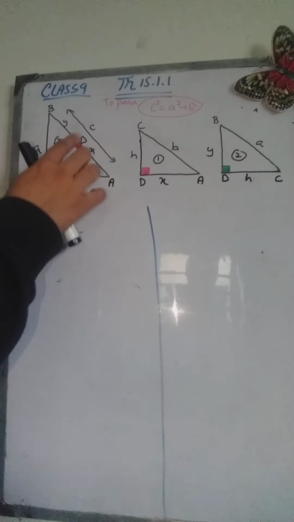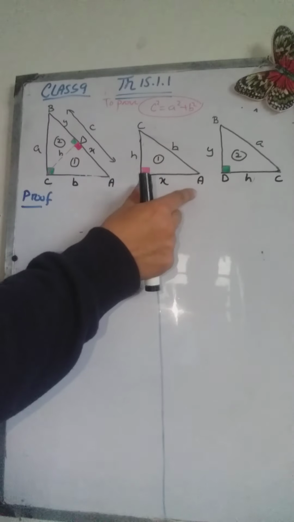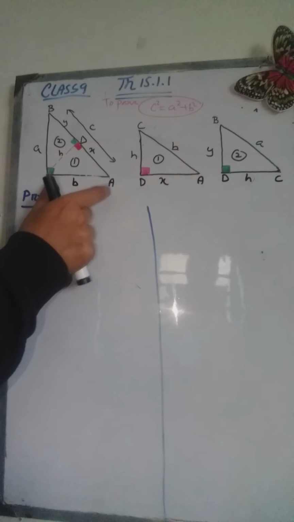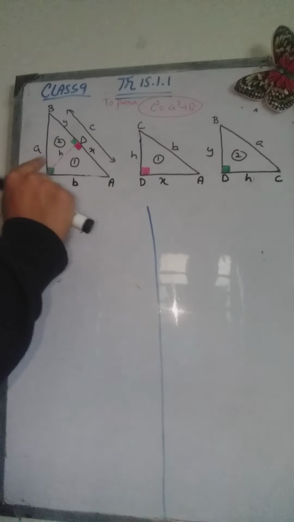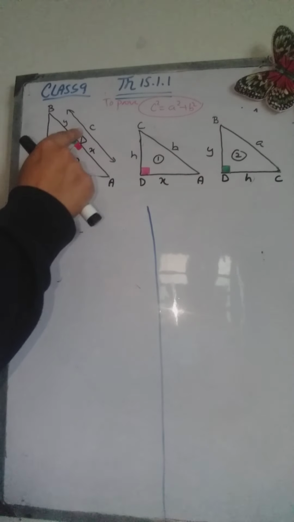So triangle ADC: AD is X, AC is B. I have taken the same names as in this triangle.